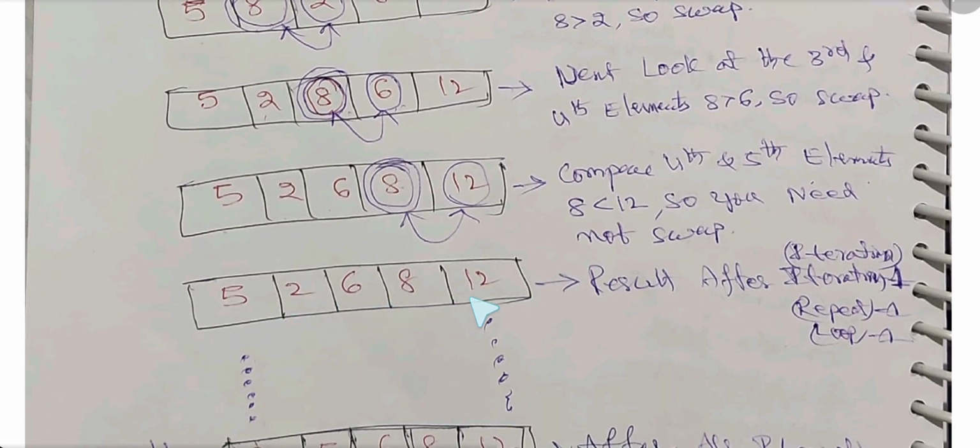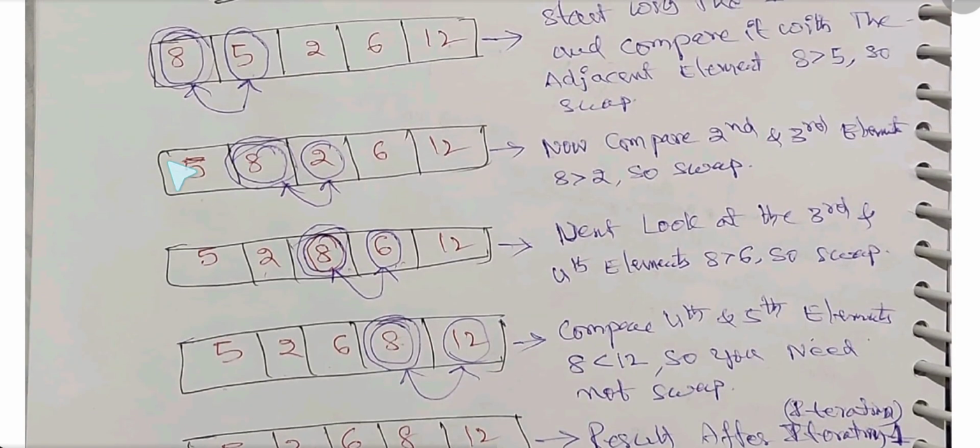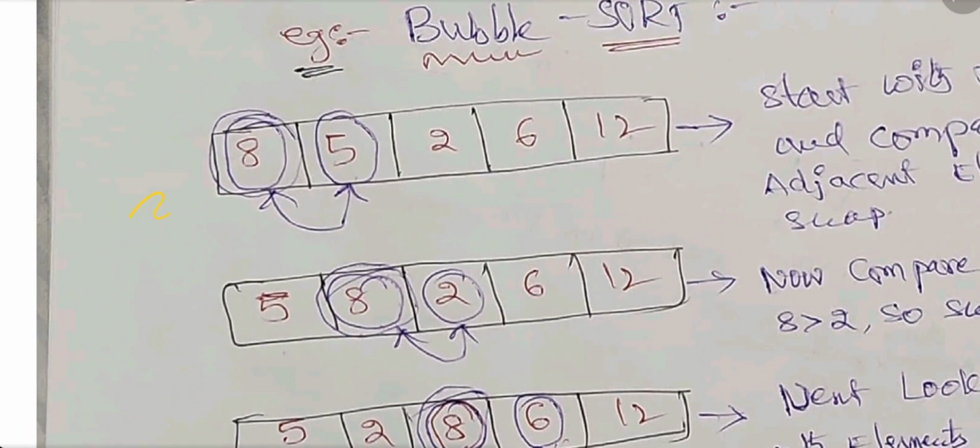So 5, 2, 6, 8, 12. This is one step only, one iteration of the loop. Even here it is not sorted accordingly. The result after the first iteration, it will be repeated from the first element onwards.